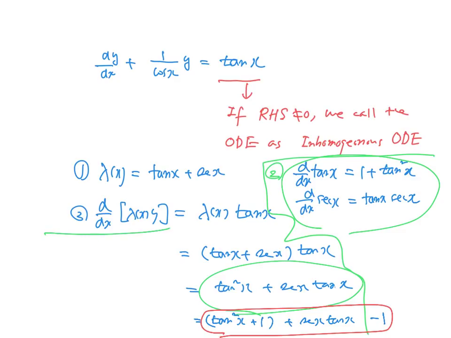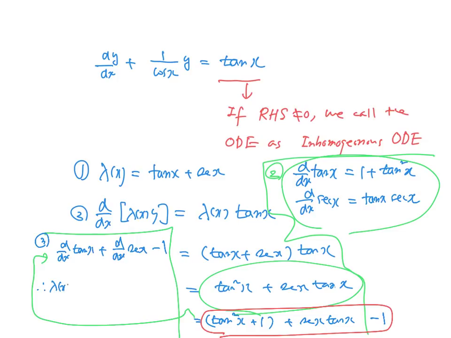This is 3. Then this becomes d/dx of tangent x plus d/dx of secant x minus 1, right? So lambda x y is actually tangent x plus secant x minus x plus c.